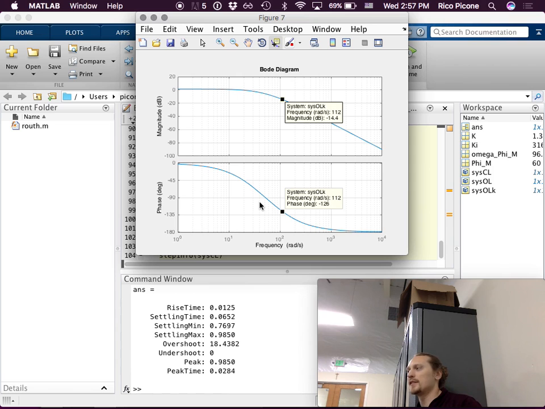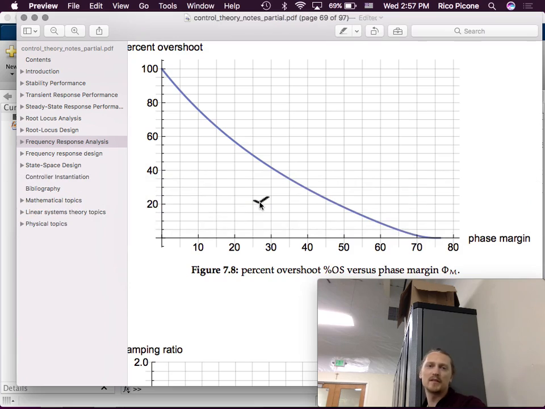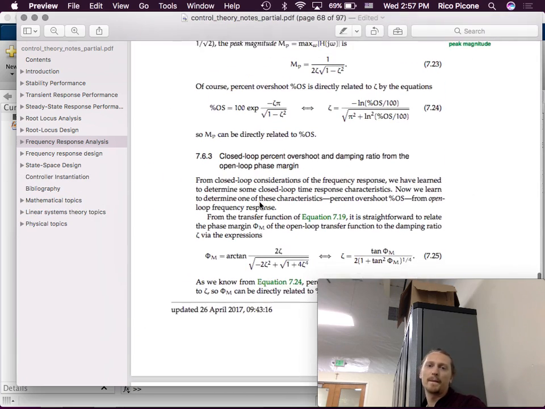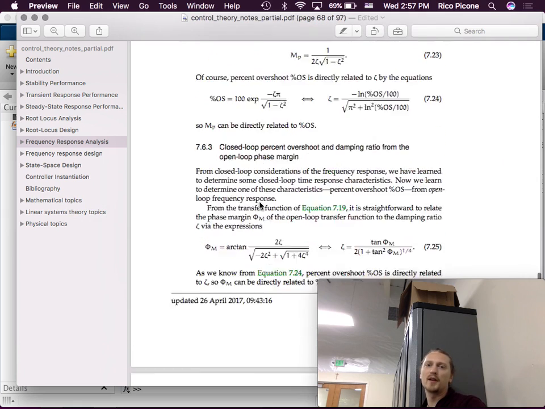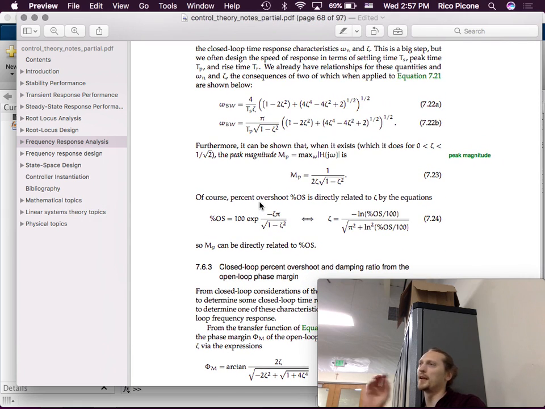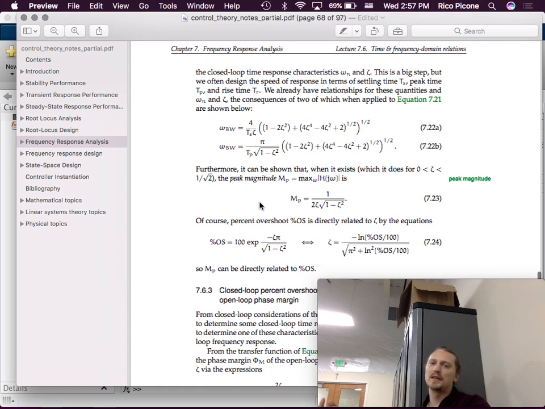The analysis that you do is essentially shaping what this Bode plot looks like, because the response characteristics that we determined in this chapter relate for us the phase margin and the gain margin, which you can read off the Bode plot pretty easily, like we were doing, to these time domain characteristics. But if you look at the bandwidth, which is pretty easy to compute, it's related to zeta and the settling time and the peak time.